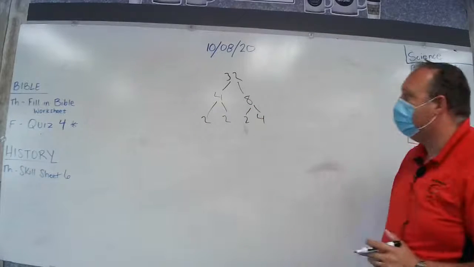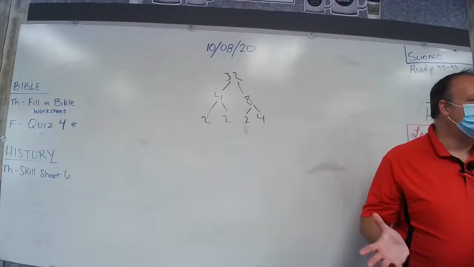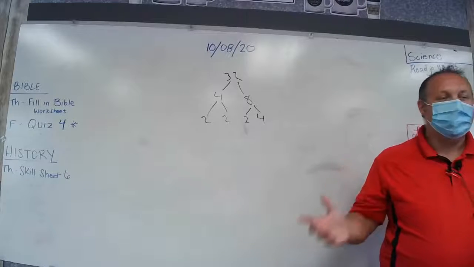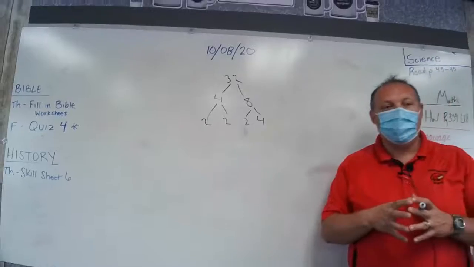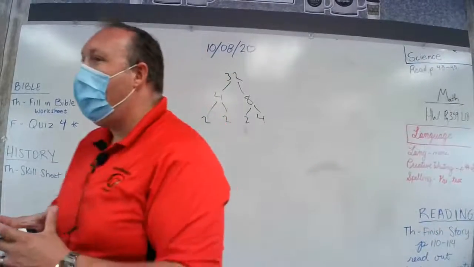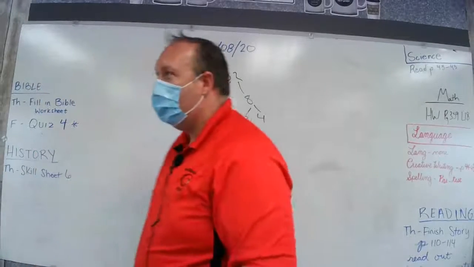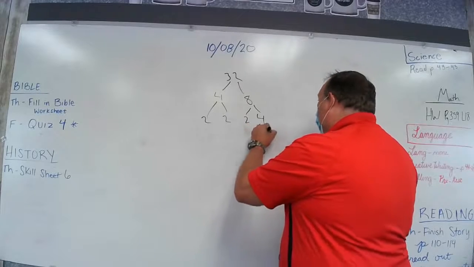Okay? But then you stopped. You can't stop right there because that's not a prime number. The whole point of doing this is to break it down into all prime numbers, okay? So, what you have to do is you have to go one step farther and break it down into that.